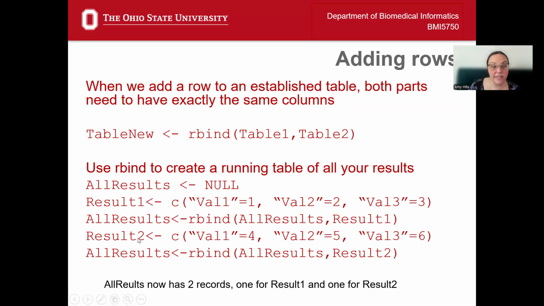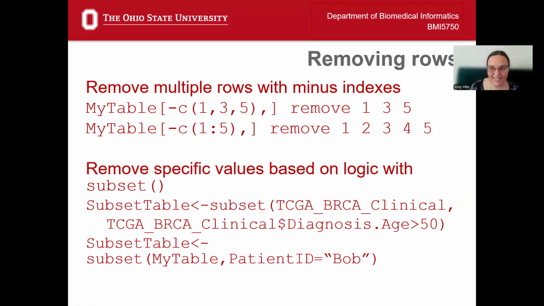Then we run the analysis over again. With our second analysis, we get some values and we rbind result 2 to all results and save it as all results. And all results will now have 2 records, one record for result 1 and one for result 2. Maybe you had to do this 10,000 times and it will run pretty quickly.